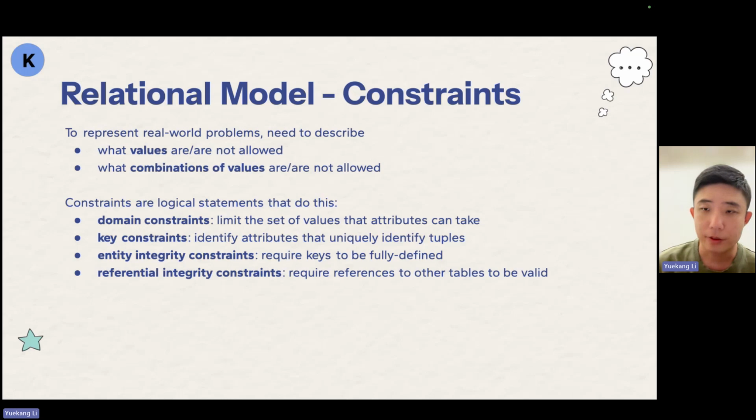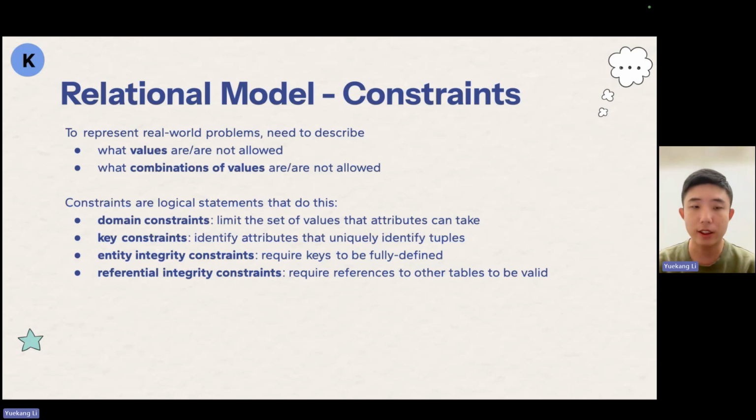So we have constraints, and there are 4 basic types of constraints. The first type is domain constraint, which is used to limit the set of values that attributes can take. The second type is the key constraint. It makes sure that there is a key for each table that could be used to uniquely identify rows.